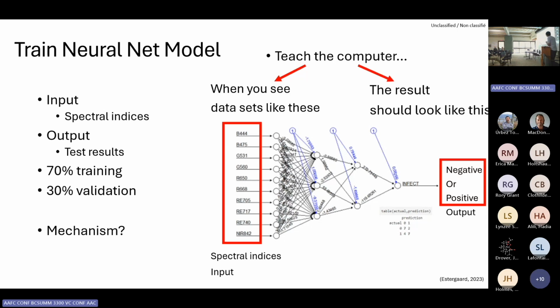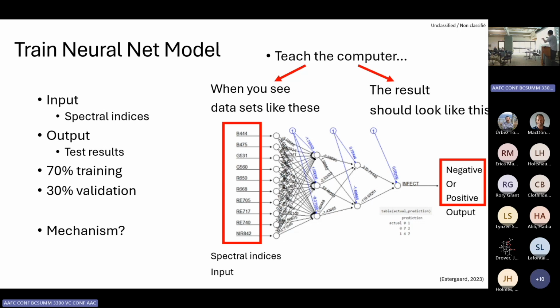Basically, we have input indices, just like Kevin said, there are tons of indices, right? We capture all different wavelengths and throw them into a neural network model. Eventually it forms the model and will tell you if these vines are infected by virus or not.